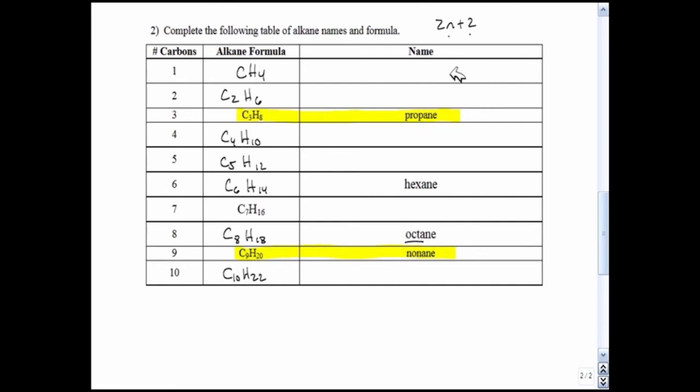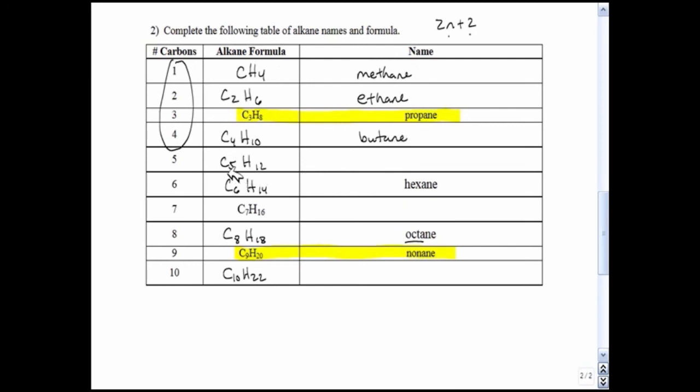So let's go through the naming now. The naming should be pretty simple. Carbons 1 through 4 get the special names. So this would be called methane. The second one with 2 carbons is ethane. If we have 4 carbons, it's butane. I'm sure you've heard of that too. That's in lighters.